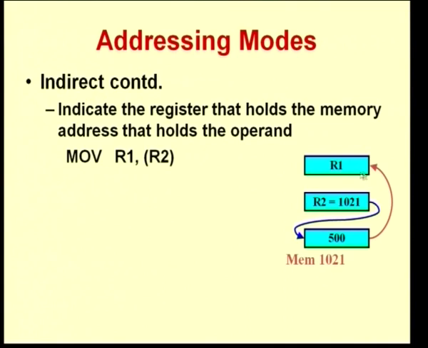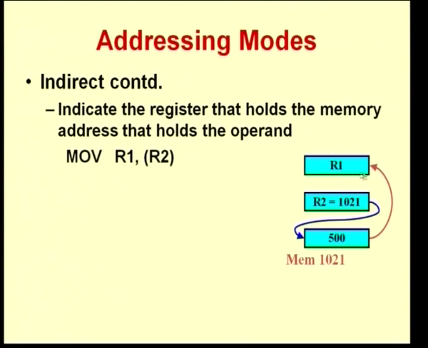Now, just as I can specify a memory location, it can also be a register which holds the memory address that holds the operand. For instance, I have an instruction move R1 comma, in brackets, R2. I am using the notation that specifying it within brackets indicates an indirect addressing mode. How do I interpret this?